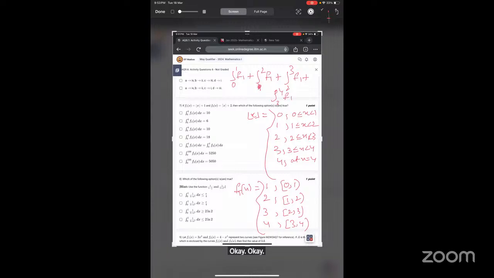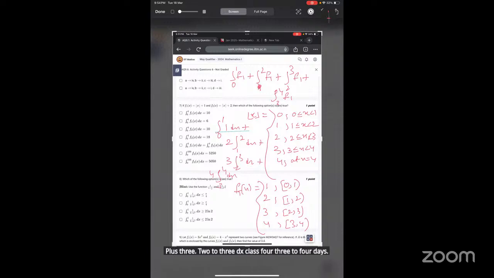Then we have 1 from 0 to 1. That means integration 0 to 1 of dx plus 2 times 1 to 2 of dx plus 3 times 2 to 3 of dx plus 4 times 3 to 4 of dx.